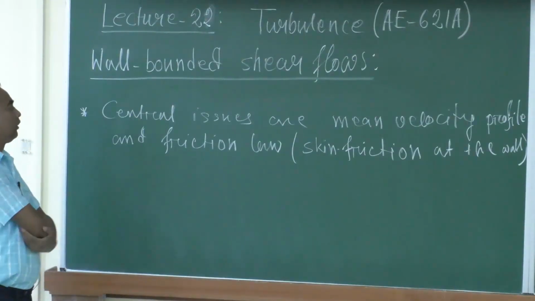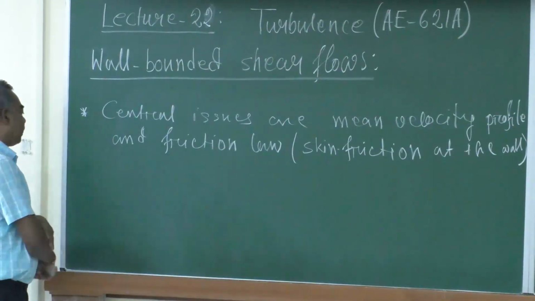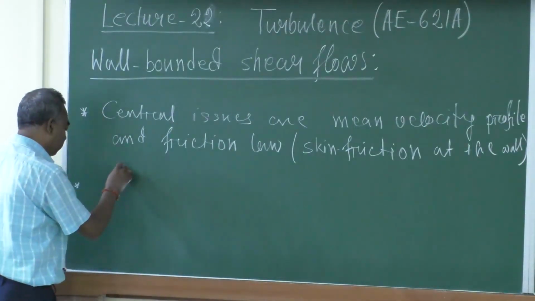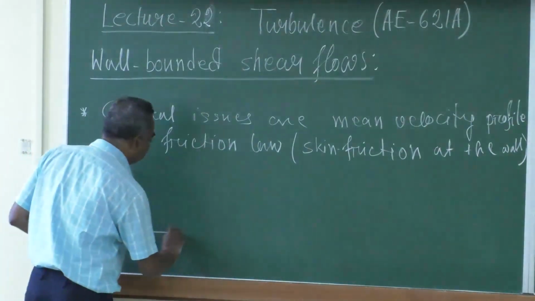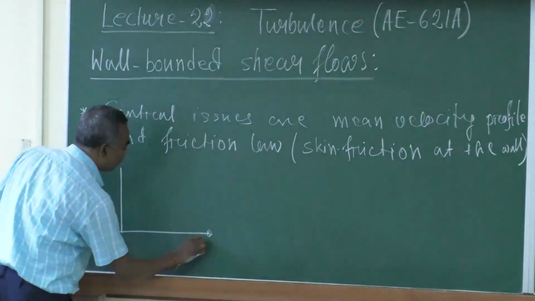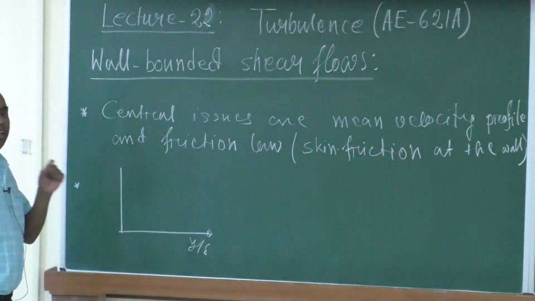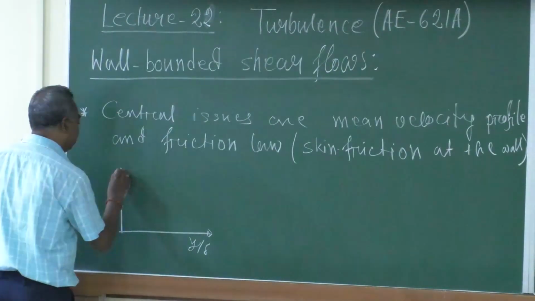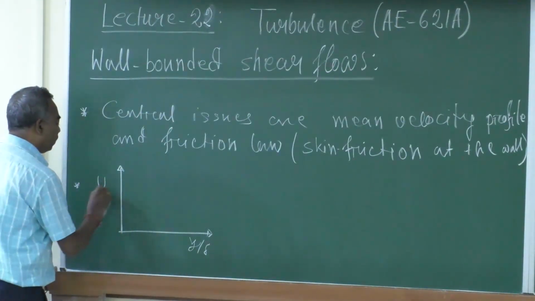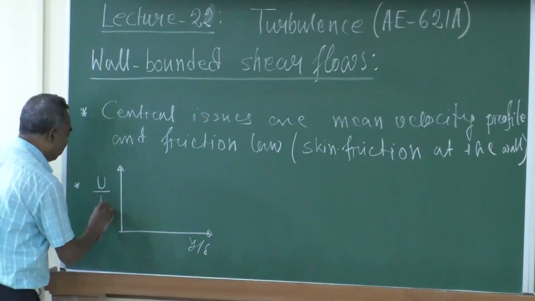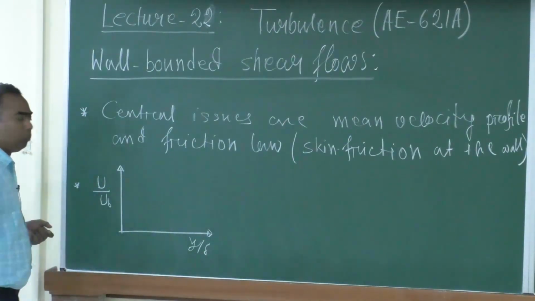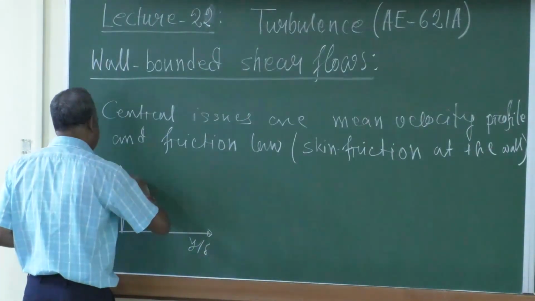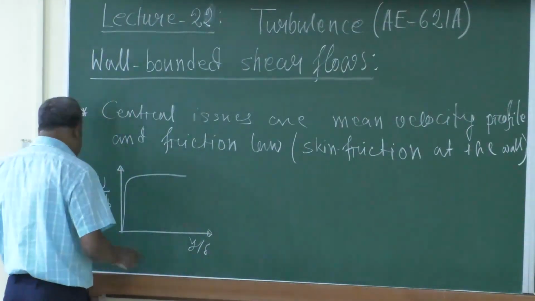Observation shows, for example, if we consider the flow through a channel and plot the velocity profile against y by delta, where delta is the half width of the channel, I will come to a sketch of the channel flow, and suppose this is the mean velocity u divided by some bulk velocity, then the velocity profile will look something like this.